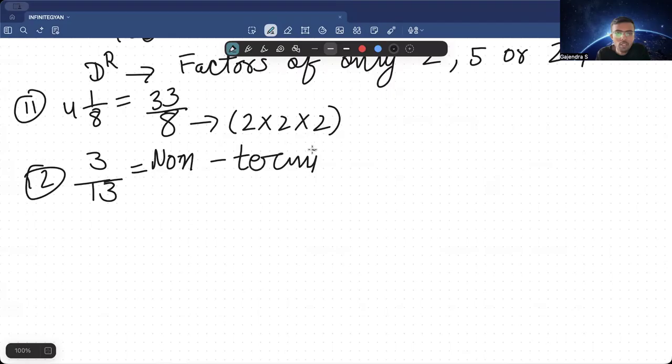Because the denominator contains only 13. So no factors of 2, or 5, or both 2 and 5 are available. So non-terminating.